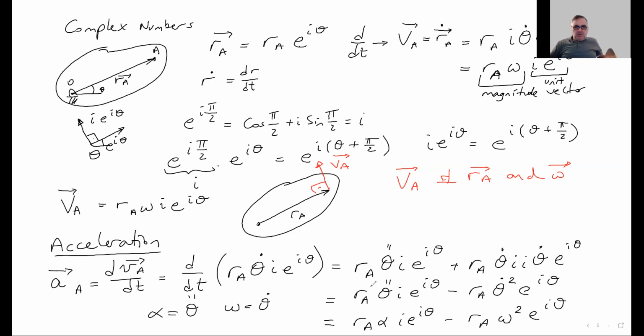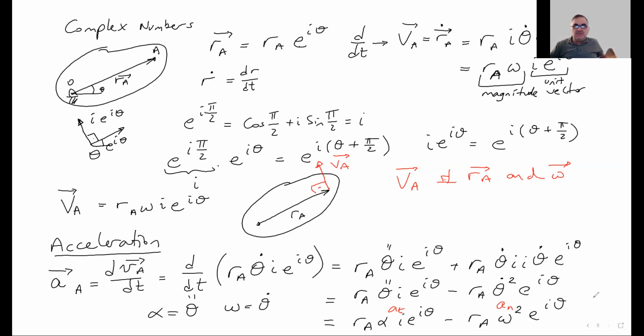As we know, this is the tangential component of acceleration. Let's use another color. This is the tangential component, and this is the normal component. We are talking about rotation about a fixed point.